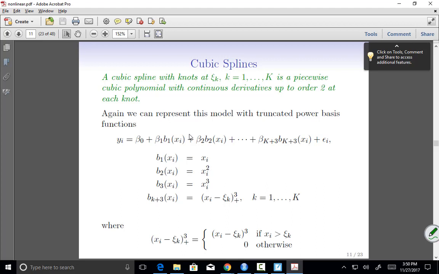There's some math that suggests if you want to estimate an arbitrary function, you draw a scatter plot of x versus y, and there's some curve underlying it, and you want to estimate it with data. There's some theory to say the best way to do it is with what's called a cubic spline. A cubic spline is like a step function where you bend the x-axis into mutually exclusive intervals, and then within each one of those, you fit a cubic polynomial.